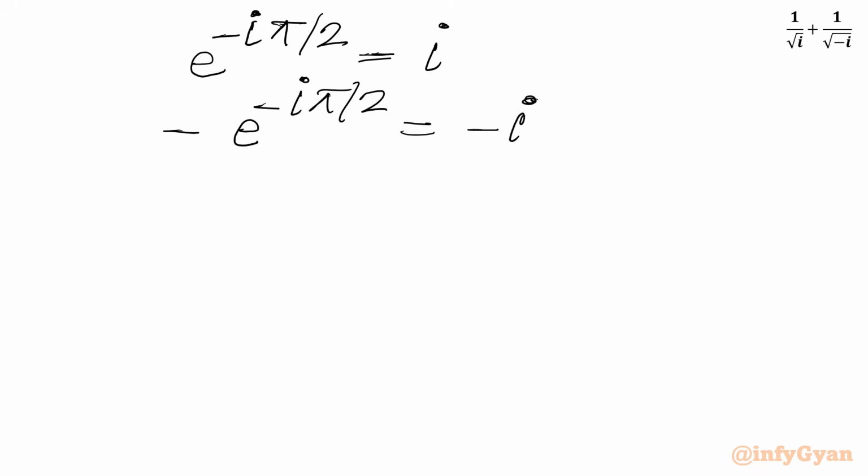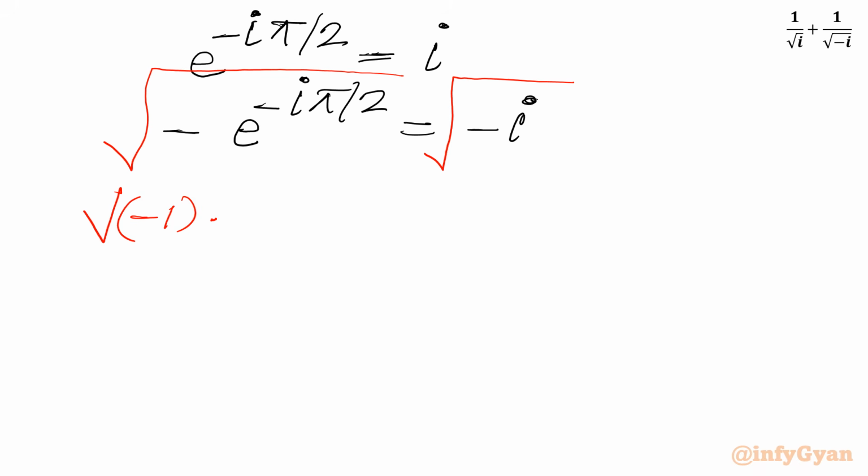Now we will consider the square root of both sides. On the left hand side we can write √(-1 · e^(-iπ/2)) = √(-i).